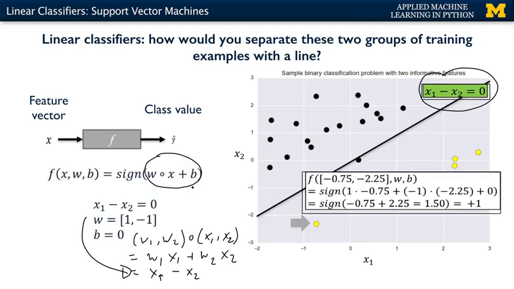So it might help to look at a specific point. Suppose that we wanted to classify the point here that had coordinates negative 0.75 and negative 2.25. So this point right here.